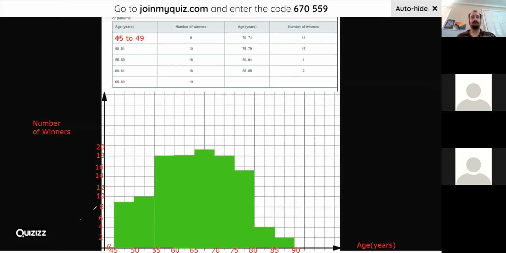It's kind of got a bump. It looks like a mountain. Oh, it's got a mound. What was the name? It was like a uni something. Sometimes it's called unimodal. Yeah, that.